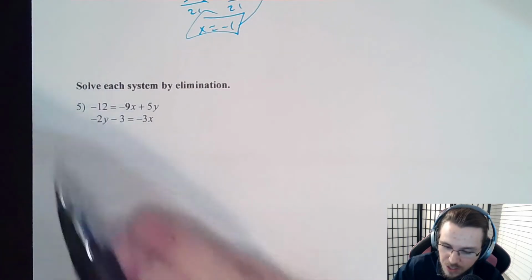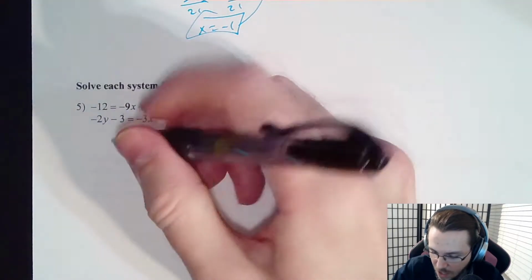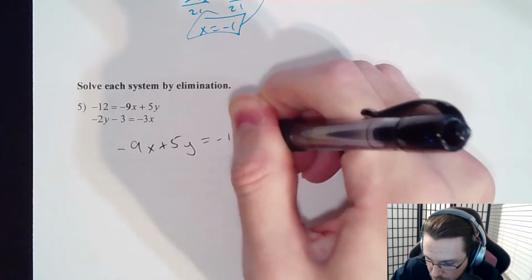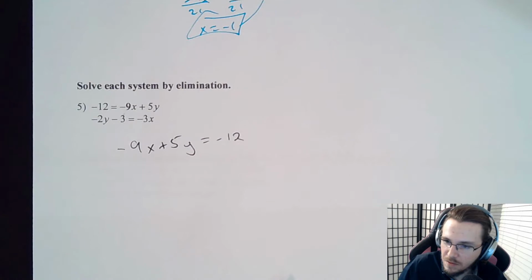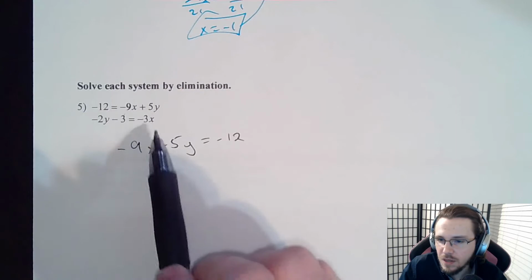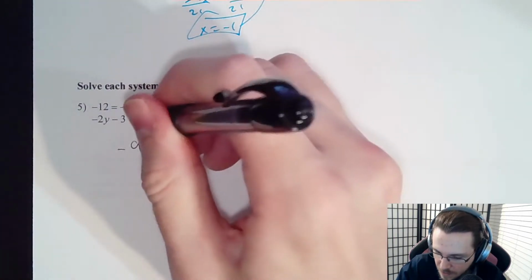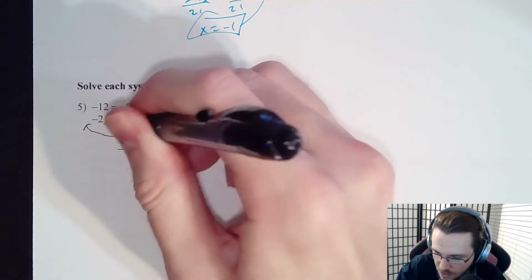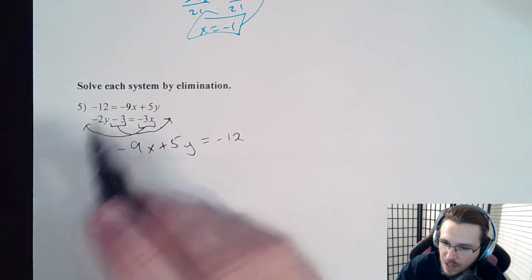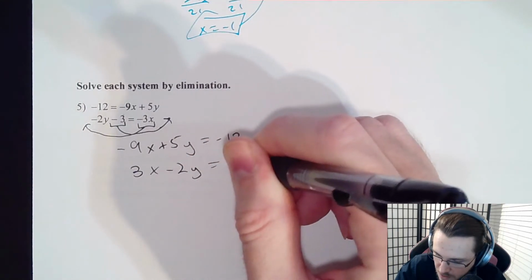We just rearrange it using the symmetric property, where we completely switch sides of the equation, copying the left on the right and the right on the left. But these two are not in the correct order, so we need that negative 3 to be on the left. Negative 3 moved to the left is going to be positive 3x, copy the negative 2y equals positive 3.